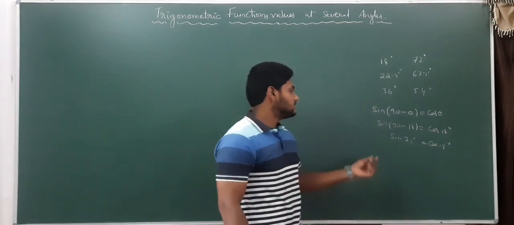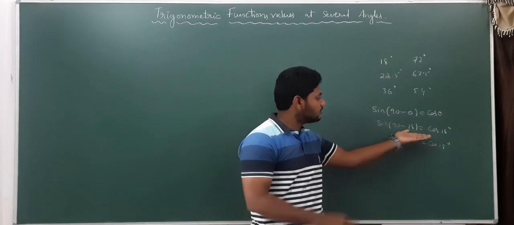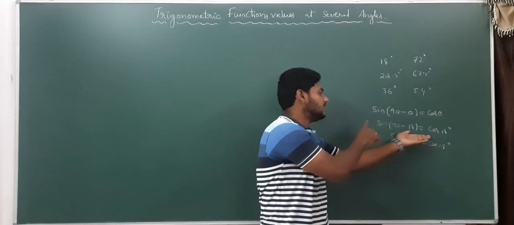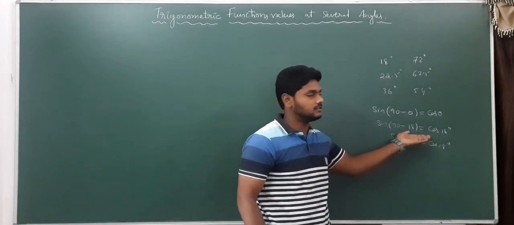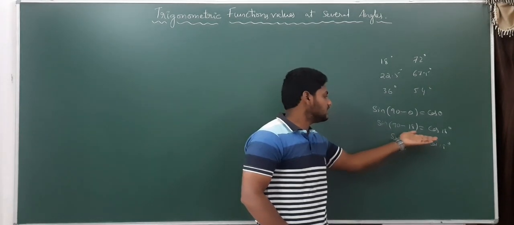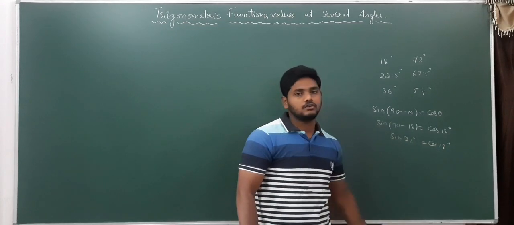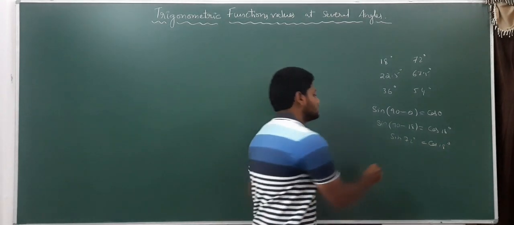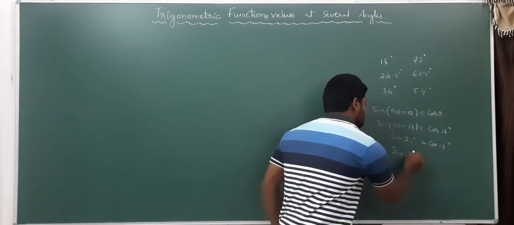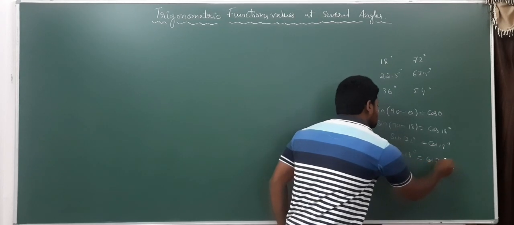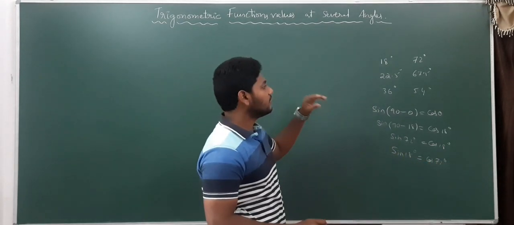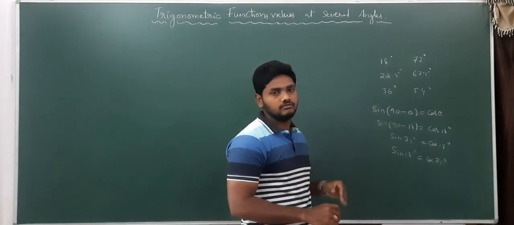Do you understand this? Sine of 90 minus 18 is nothing but cos 18. So sine 72 degrees is nothing but cos 18, and again sine 18 degrees is equal to cos 72 degrees. Like that we can find multiple angle values.